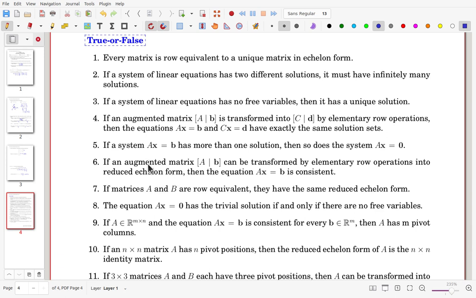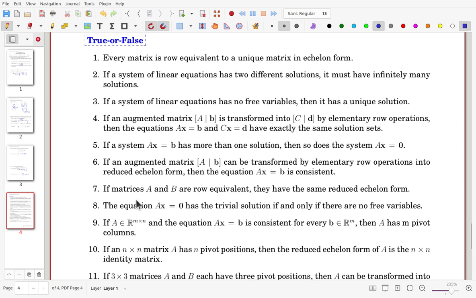An augmented matrix can be transformed into reduced echelon form no matter what it is. So it is always true. So if you claim this one, then for some A and B, it may not be true. So the statement is false.